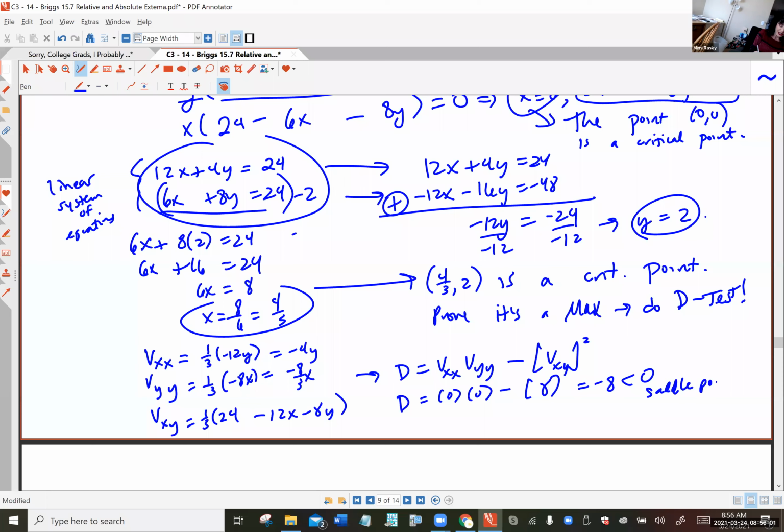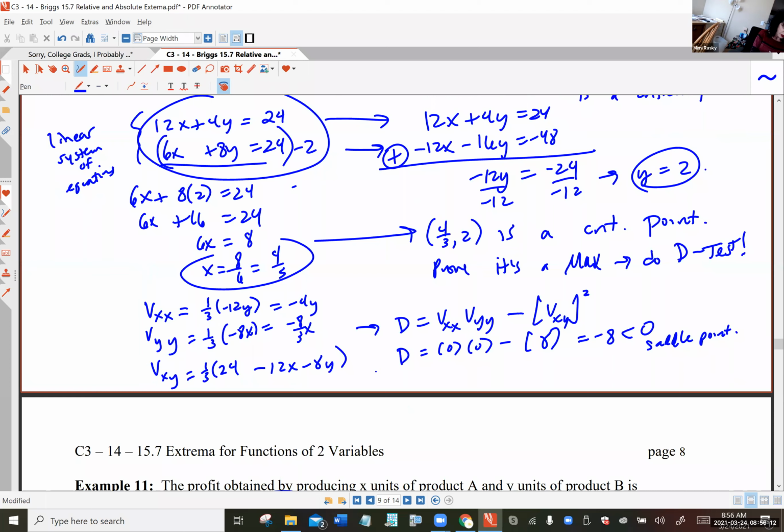But remember, we kind of don't care about (0, 0) because it's not very interesting to have a box with 0 dimensions. But I did want to just show you what would happen if you evaluated at (0, 0). So let's do the more interesting one. What happens when you evaluate D at (4/3, 2)?